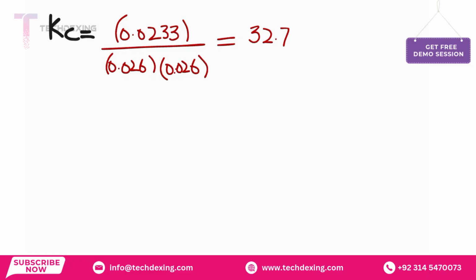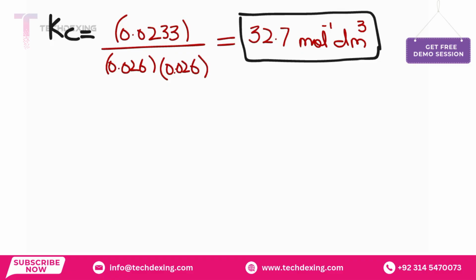Wait, mole minus 1, decimeter cube. Right. So per mole and decimeter cube. So this is the value of the Kc for the provided equilibrium system.